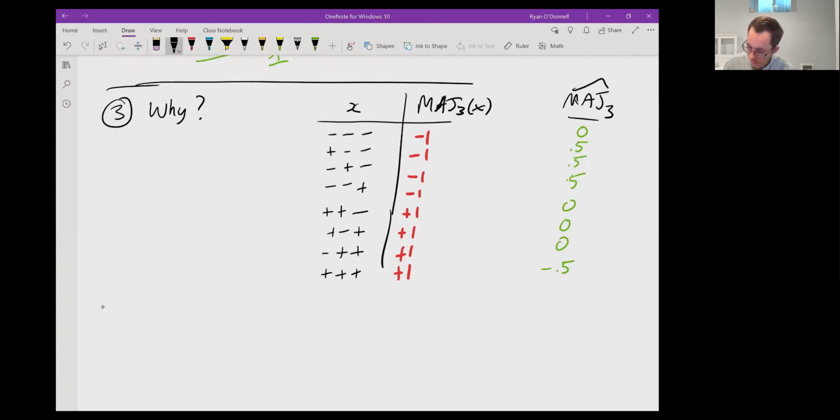So here's one fact. The first Fourier coefficient, I mean this one, is equal to the average value of f of x.